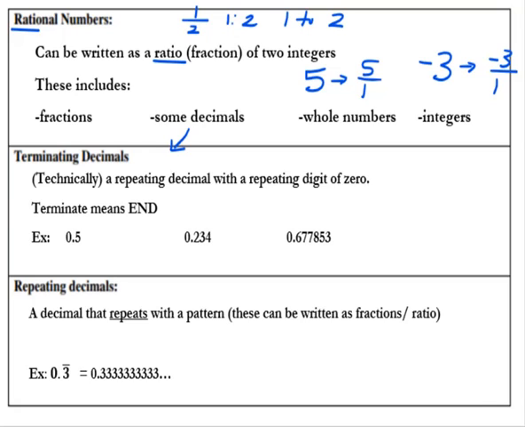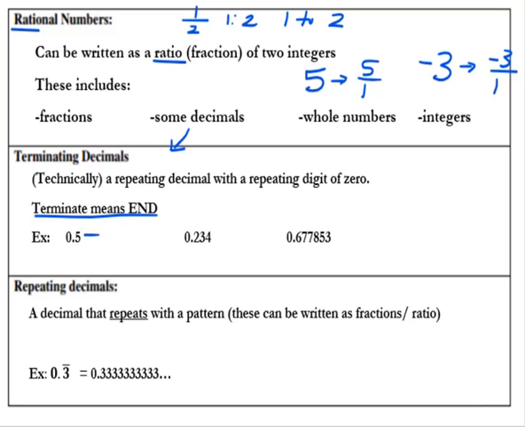A terminating decimal, which is also considered a rational number, is technically a repeating decimal with a repeating digit of 0. Terminate means end. So let's just focus on that definition. It means this decimal ends, this decimal ends, this decimal ends. If they end, then they are considered a rational number, and I can write them as a fraction.